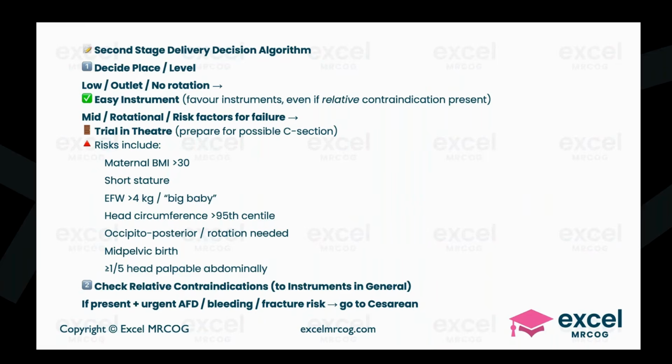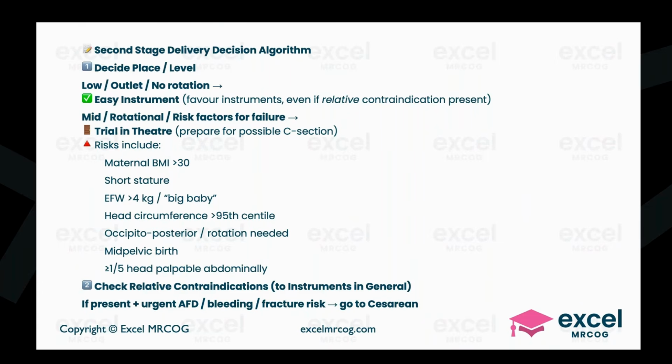Now usually low rotation doesn't happen, it will be less than 45 degrees, but in case it comes up, I'm covering all ground here so that you don't ever get confused. So low outlet, no rotation, easy instrument.